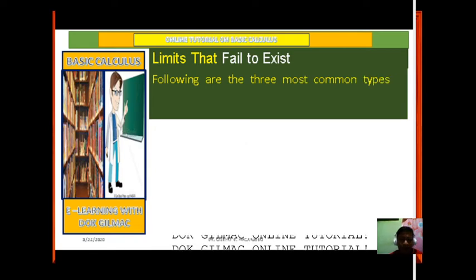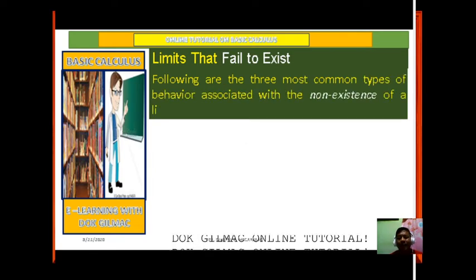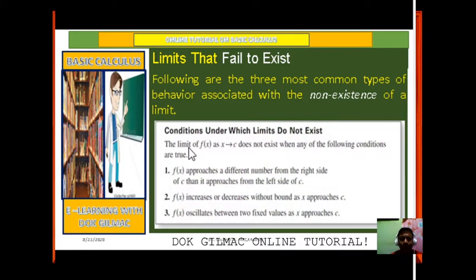Following are the three most common types of behavior associated with the non-existence of a limit. Conditions under which limits do not exist.